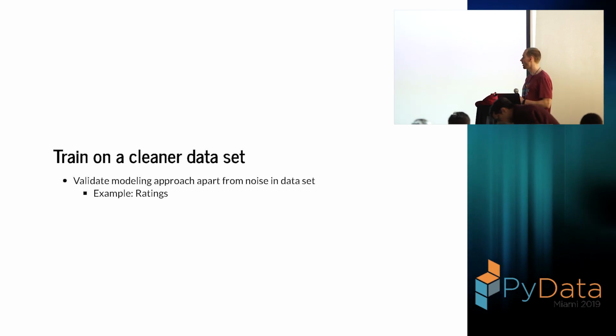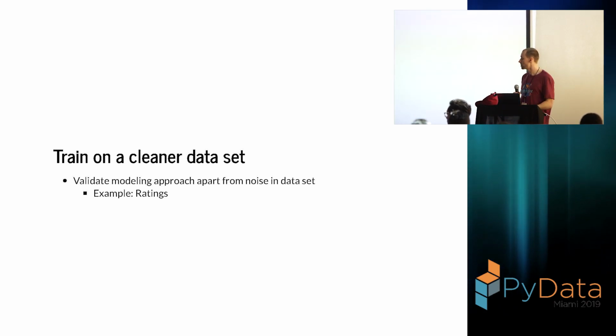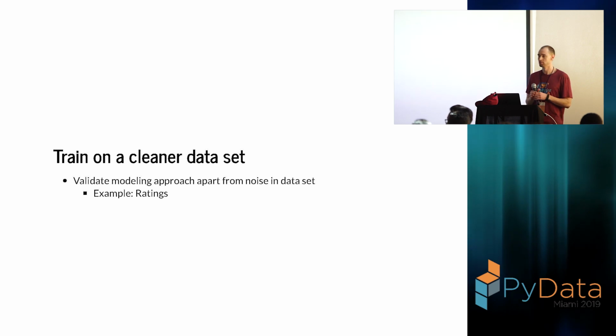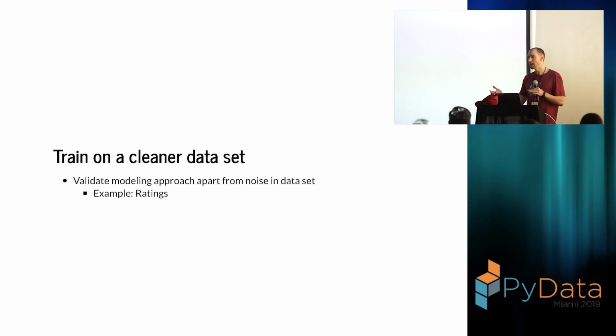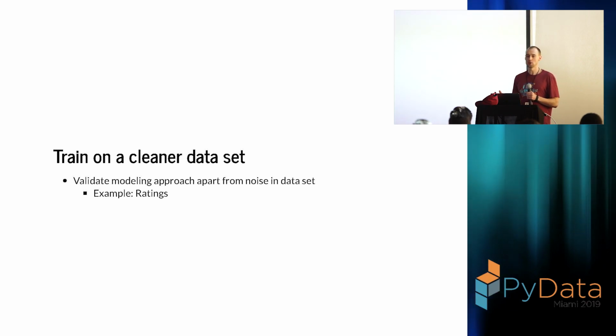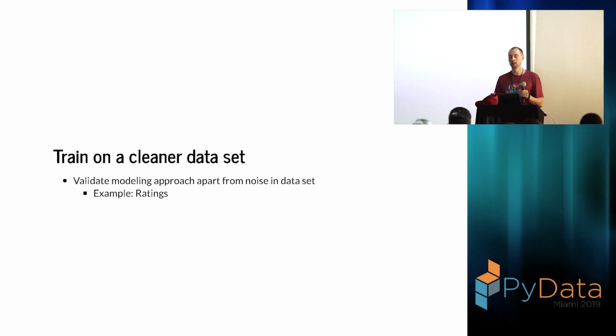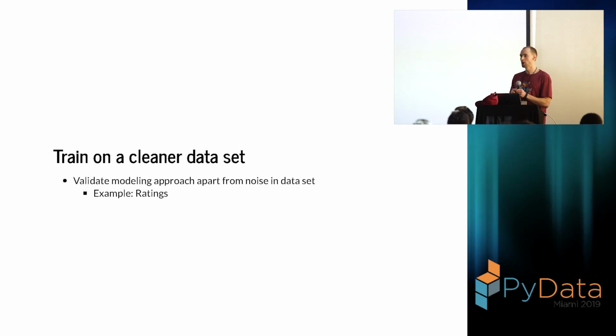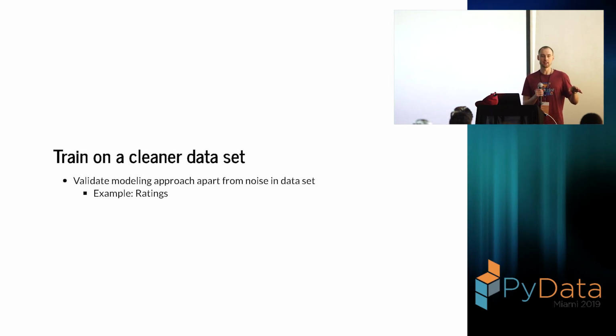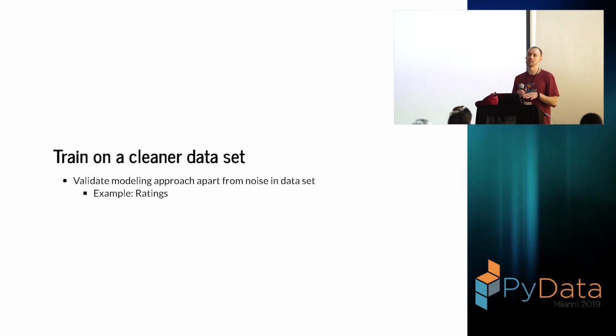Another useful example is that sometimes it's worth training on a cleaner data set. If you have a data set that may be a little bit noisy, and an algorithm that you're a little bit unfamiliar with, this is where I found this to be useful. You want to separate the noise in the data set from the error that you see at train time.